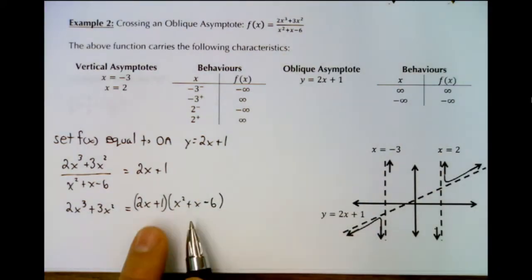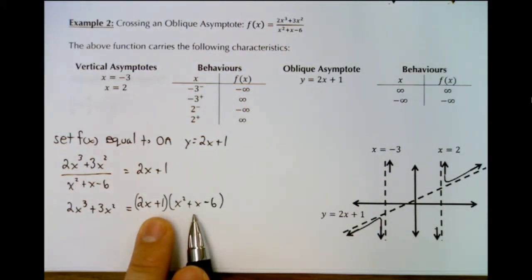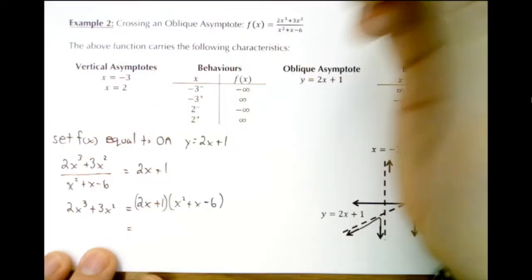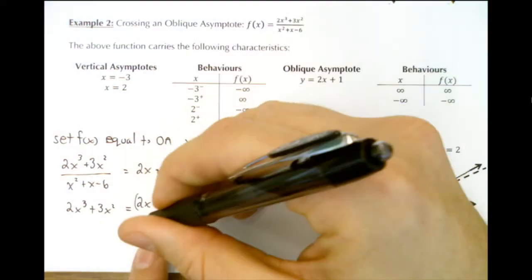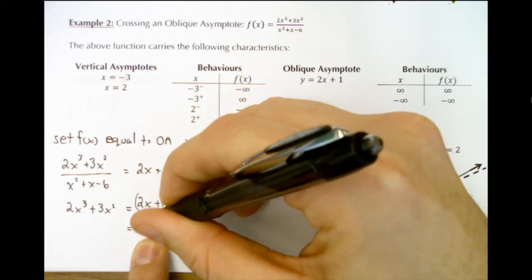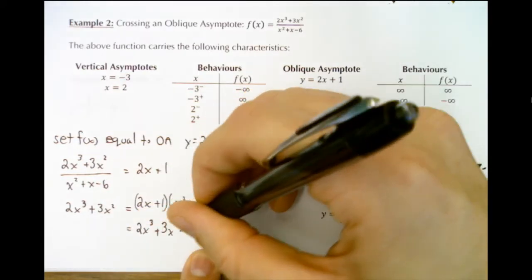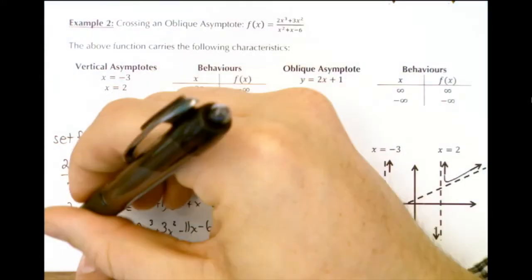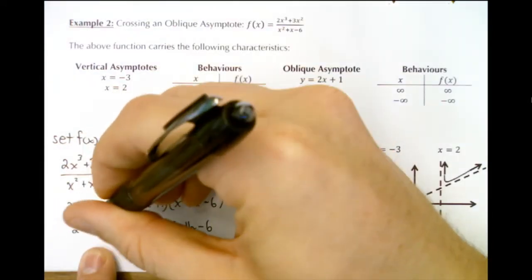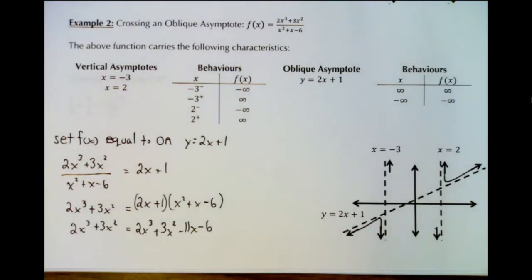And now we'd have to expand this out and collect like terms. I'm going to save myself a little bit of work, and I've already expanded it out. And our terms look like 2x cubed plus 3x squared minus 11x minus 6. And now we move our terms all to one side and isolate for x.